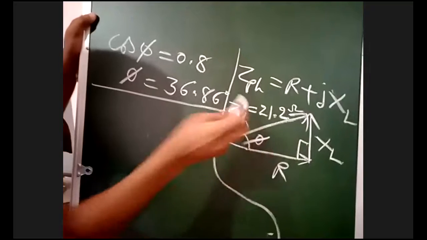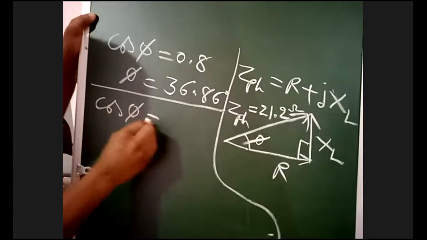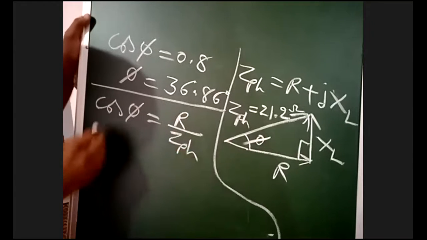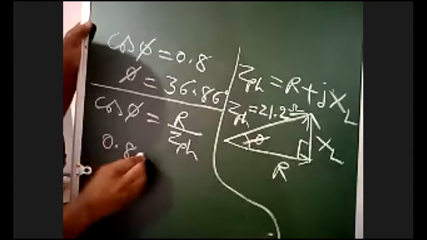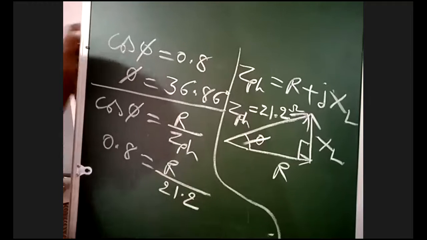Now I know phi and Z. From the triangle, cos phi is equal to R by Z phase. Cos phi is 0.8, Z phase is 21.2.